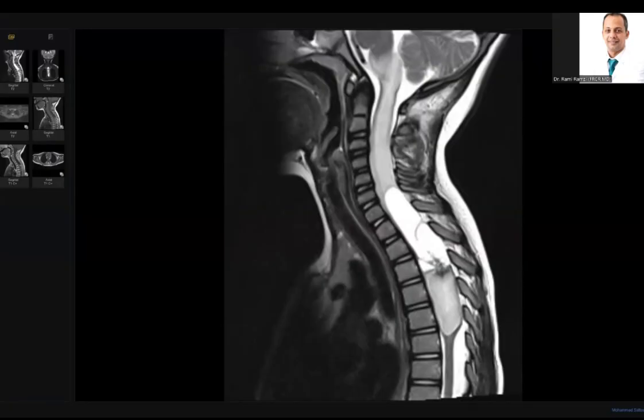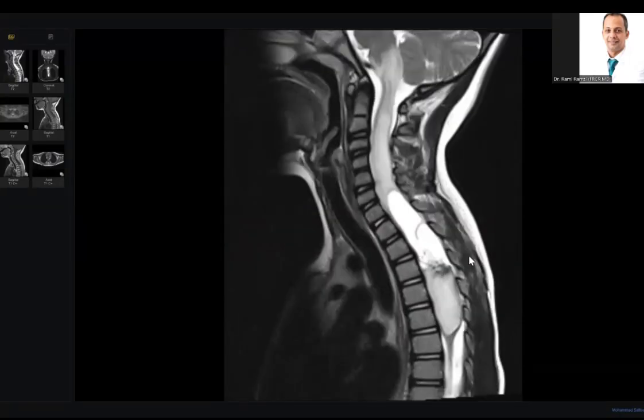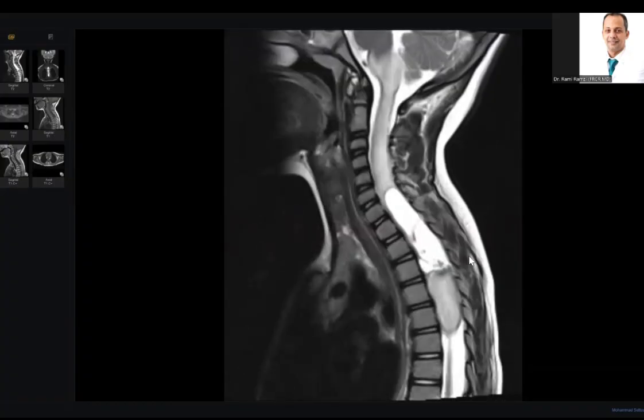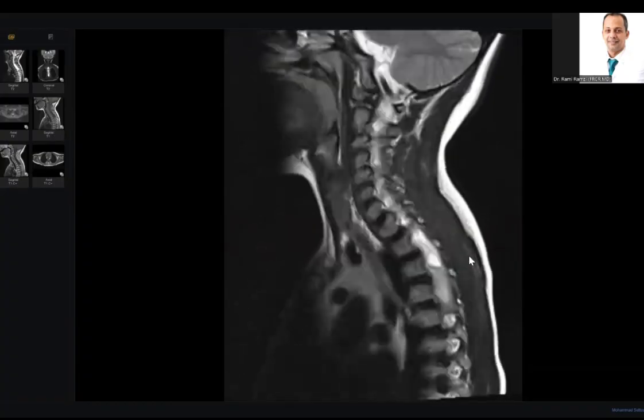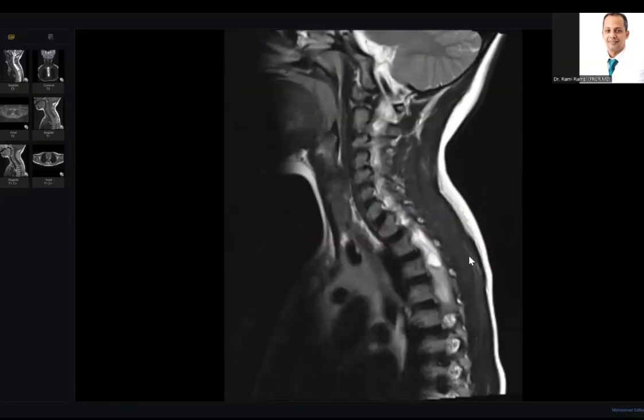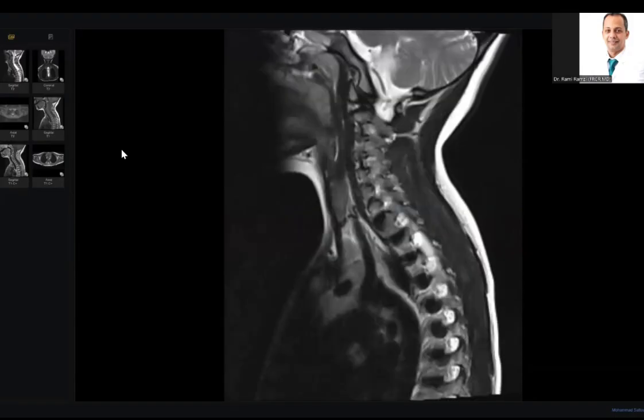There is also a cystic component; the distal half of this lesion shows a cystic component with foci of dark signals. I would like to check this in the T1 and T1 post-contrast, if possible. T1 post-contrast.